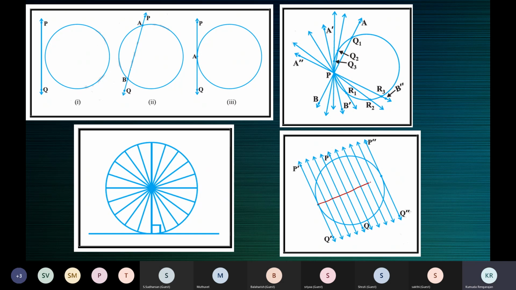When you connect these two points of contact, you will see that this line segment is a diameter to the circle. So tangents at the ends of a diameter are always parallel to each other.